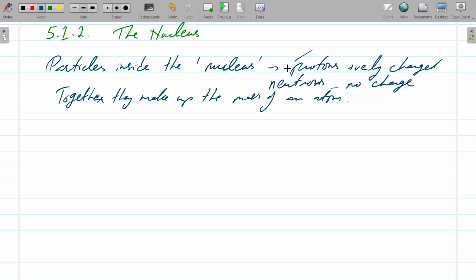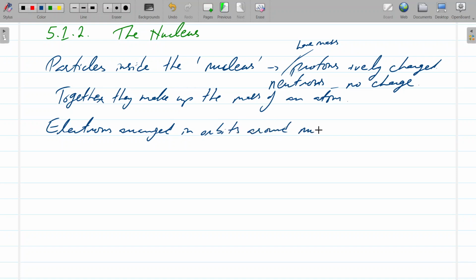Both of these have considerable mass. And then you have electrons arranged in orbits around the nucleus. And these are negatively charged.